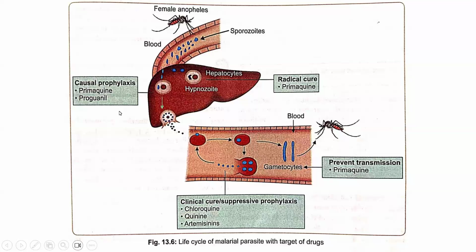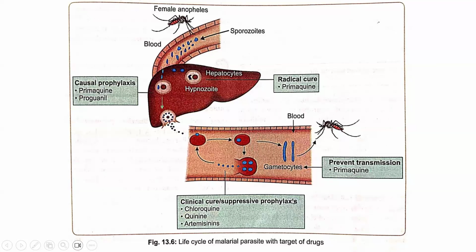Coming to prophylaxis, causal prophylaxis is mainly drugs which act at the pre-erythrocytic level, called causal drugs. Radical cure means drugs which act at the exoerythrocytic stage, and drugs which prevent transmission are mainly drugs which produce a gametocidal effect. And drugs which cause clinical cure are used for suppressive prophylaxis.